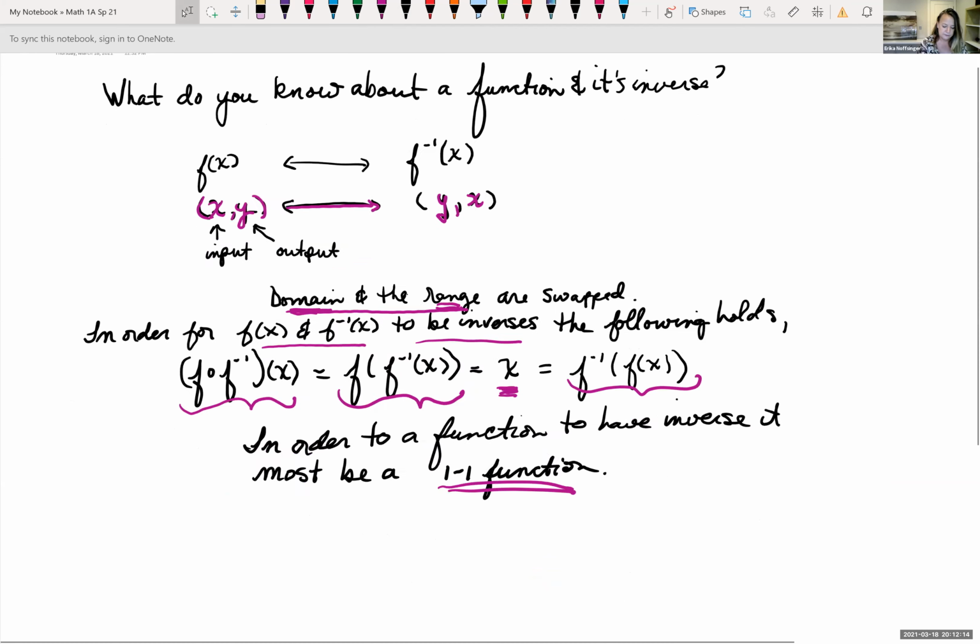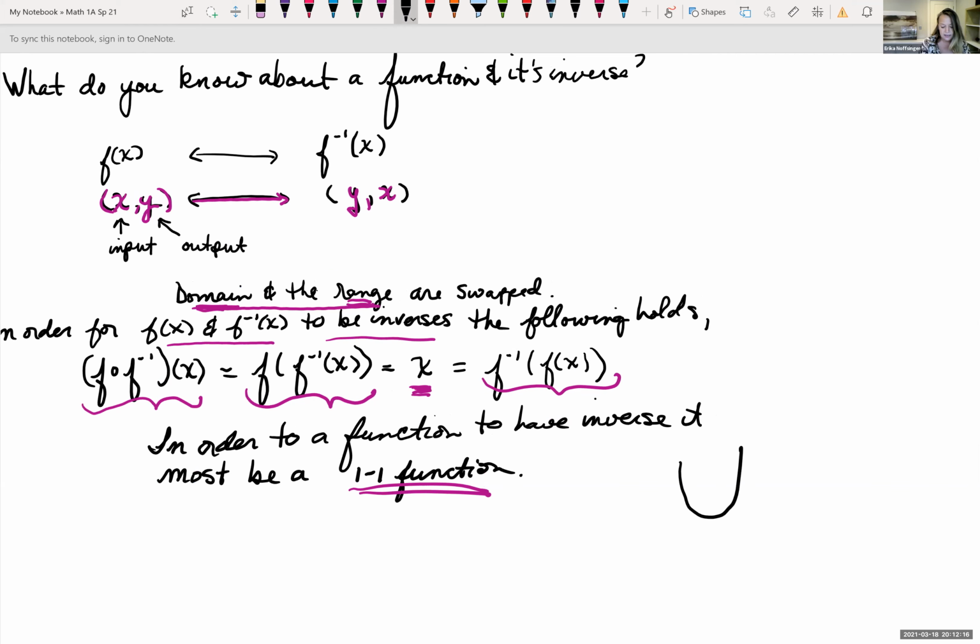For instance, if we had a parabola, this is a function. It passes my vertical line test, so every x value corresponds to only one y value. But here's a case where it's not one-to-one, because here's one x value that gives me the same y value as this x value. It doesn't pass the horizontal line test.